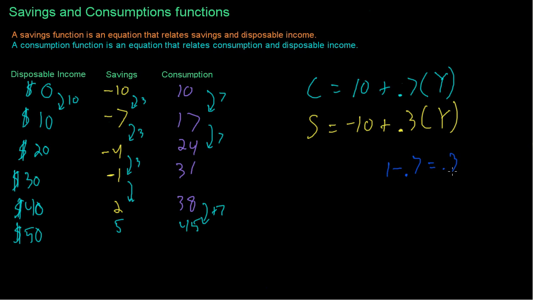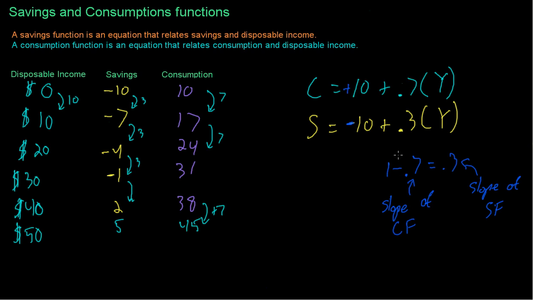And 0.7 is the slope of the CF, for consumption function, and 0.3 is the slope of the savings function, SF. So again, you flip the sign, so this was a positive, now you have a negative. And then do 1 minus the slope of the consumption function to get to the savings function.